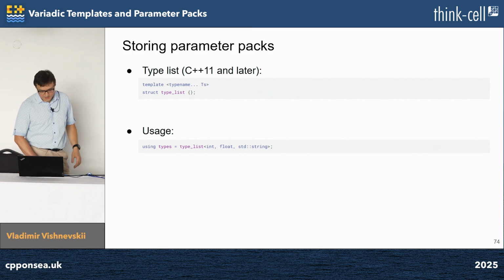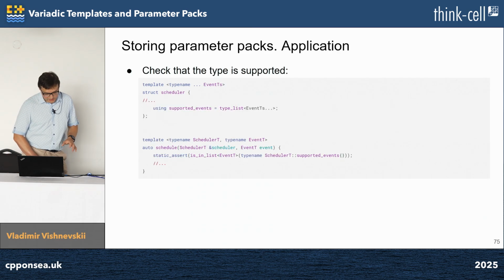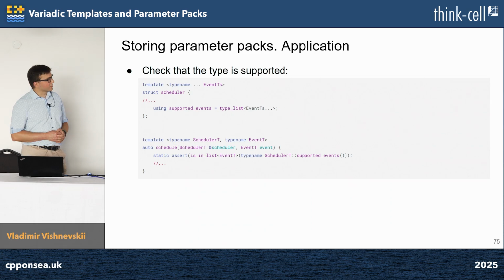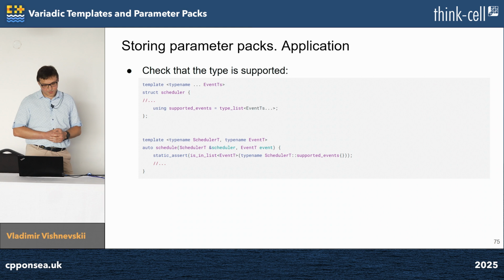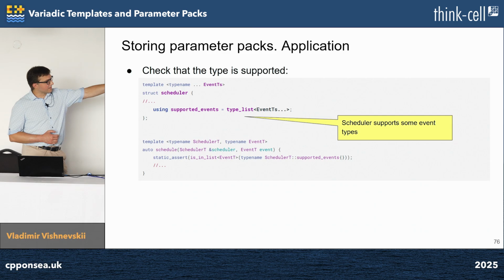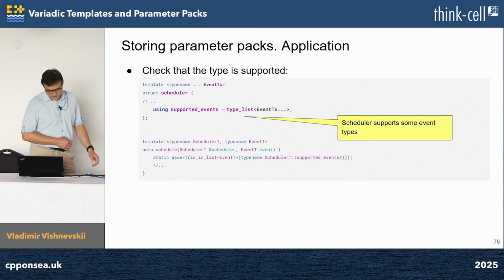So let's look at the example. Let's assume that we have some scheduler that can be used to schedule some events. So we implement some class scheduler, and it's a variadic template, and it's parameterized by the event types that it can schedule. We can then internally store the events that it can support as a type list of the events, and we'll call it supported events.